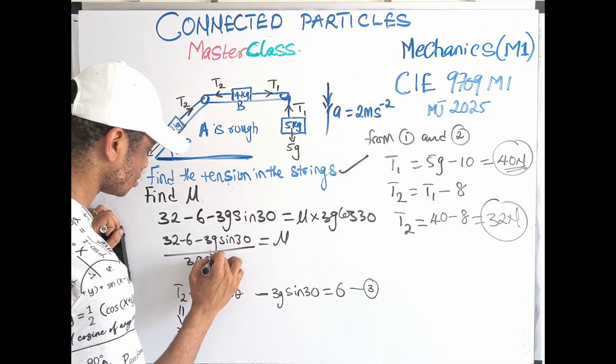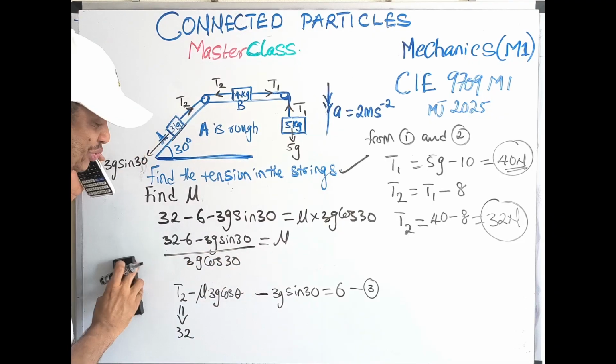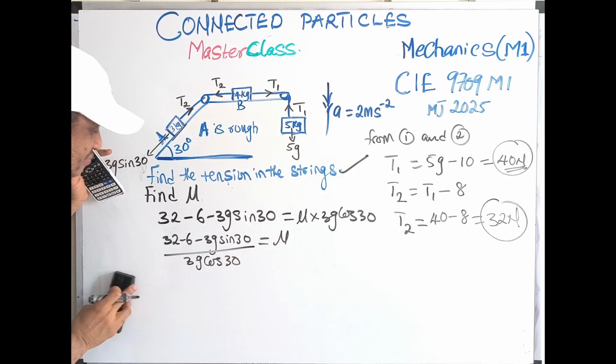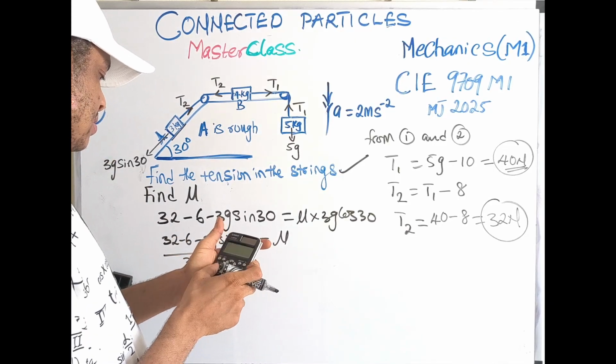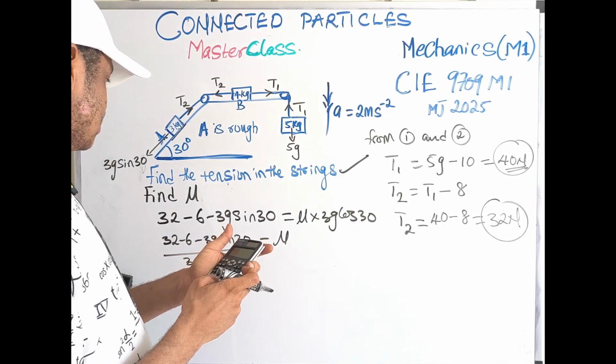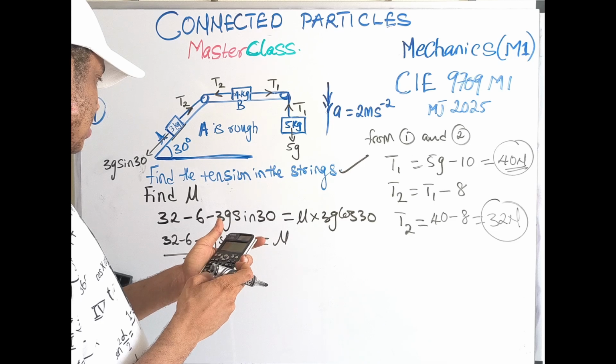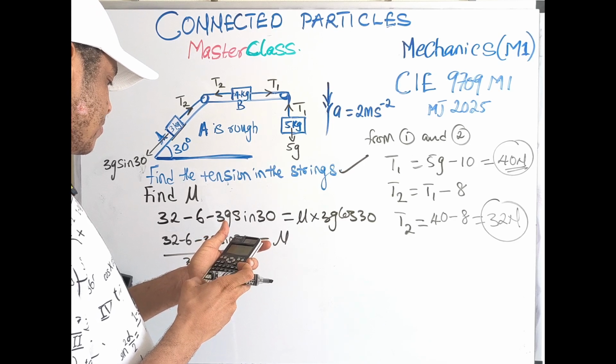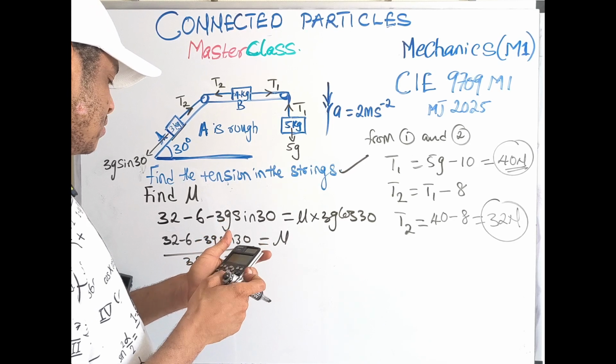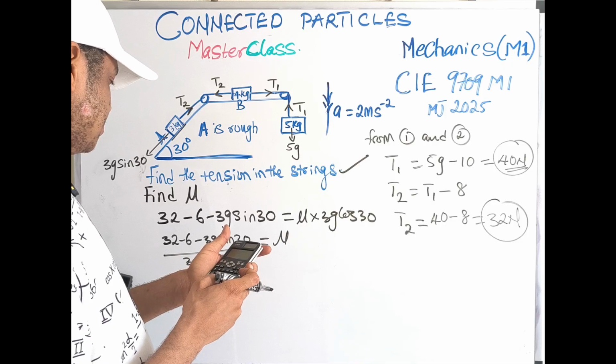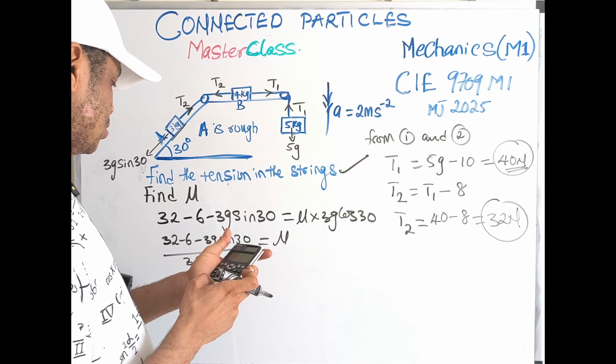I'm just going to press my calculator: 32 minus 6 minus 3 times 10 times 0.5, divided by 3 times 10 times cos 30.